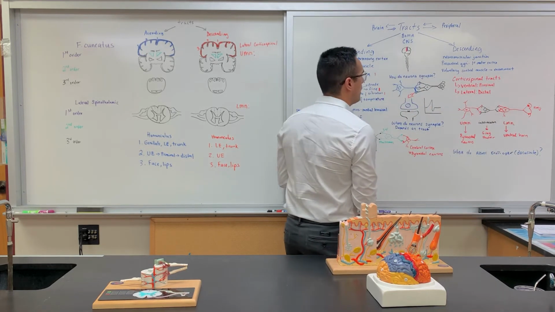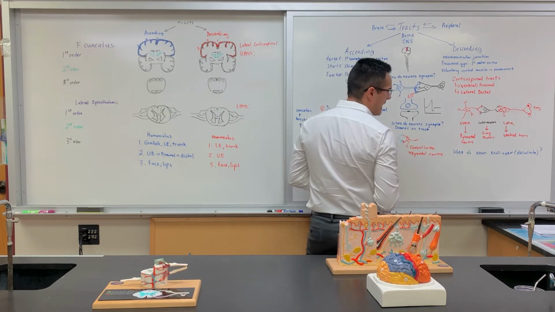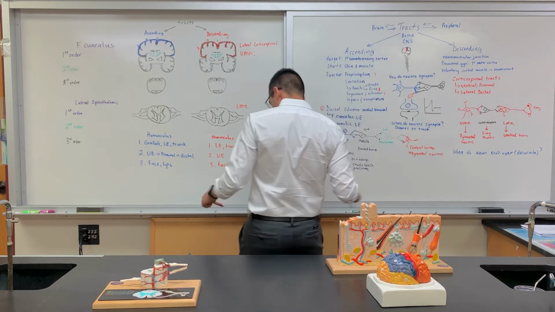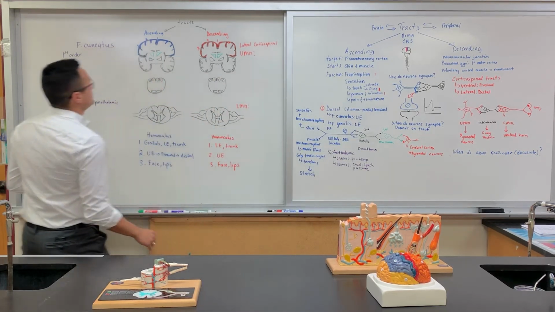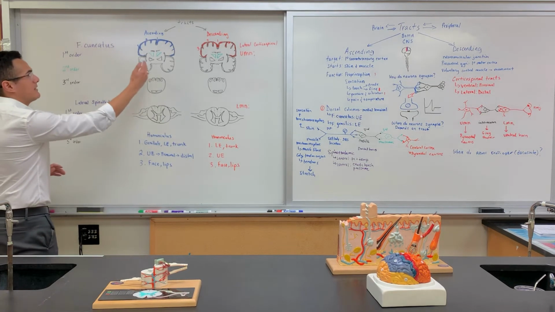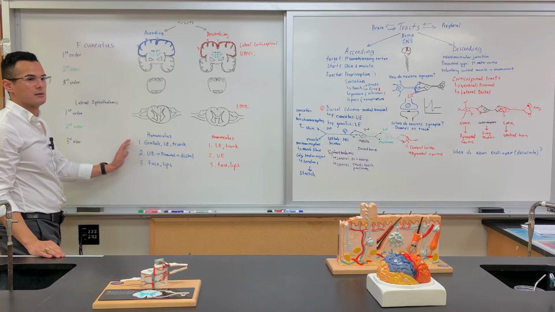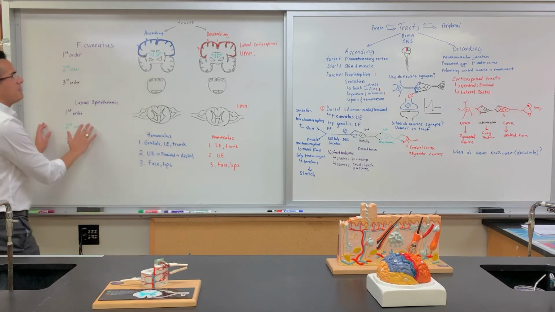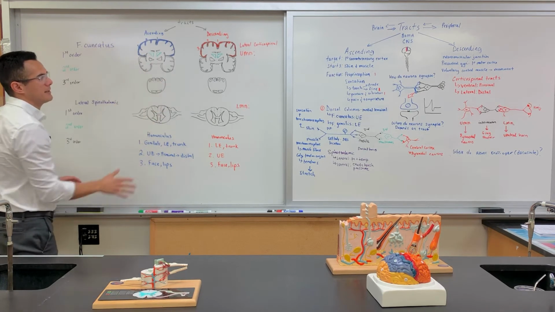Okay. All right, so now we're done with this. Next we're going to follow the route. So where do axons cross over? So I'm going to come over here. Once again, we are divided into ascending versus descending tracts. But before I get into the pathway, the first thing we have to know is what we are looking at.